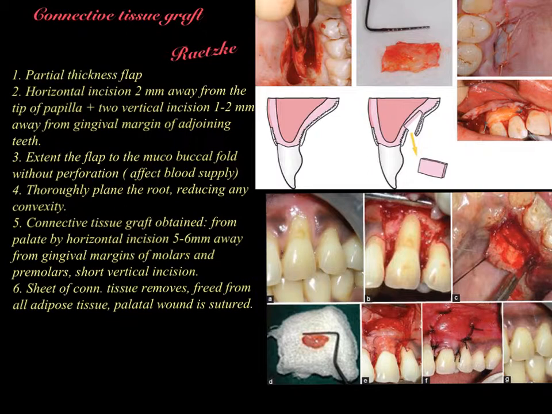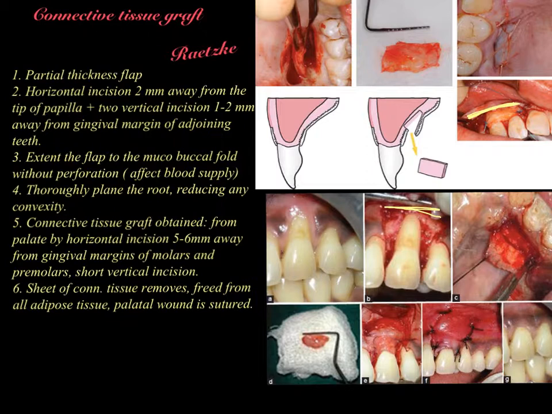First of all, a partial thickness flap is raised, as you see here, partial thickness flap, not full thickness flap.